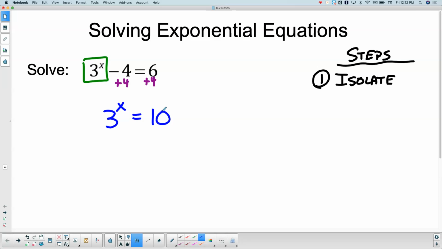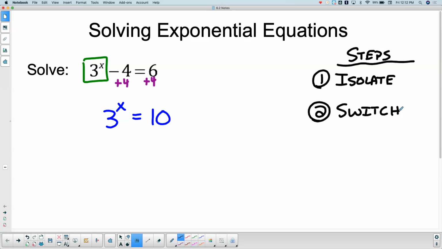So that's isolated. Step number 2 then is you are going to switch forms. If it's an exponential, you're going to solve it by switching it into logarithmic form.